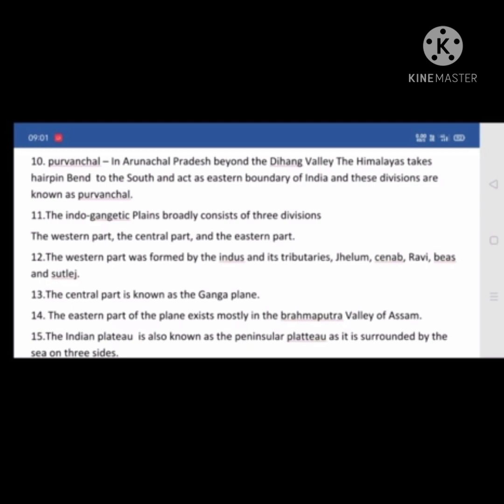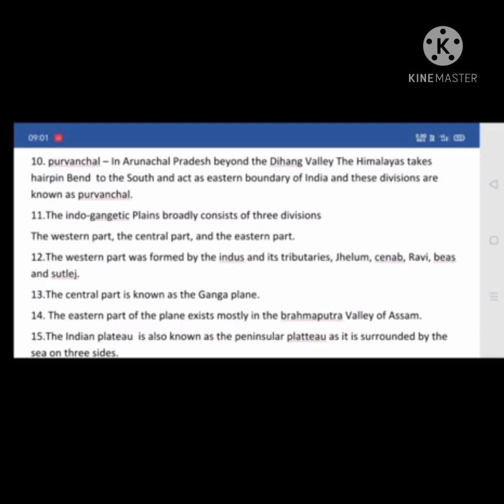The western part was formed by the Indus and its tributaries Jhelum, Chenab, Ravi, Beas, and Satluj. The central part is known as the Ganga Plain. The eastern part of the plain exists mostly in the Brahmaputra Valley of Assam.